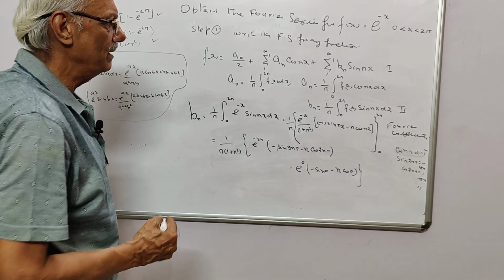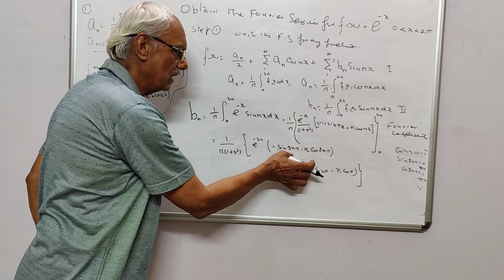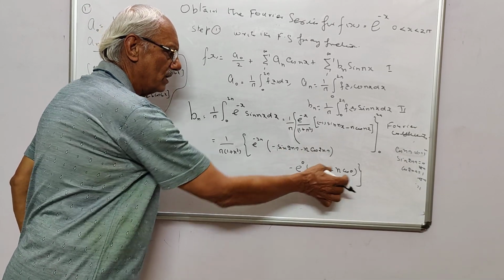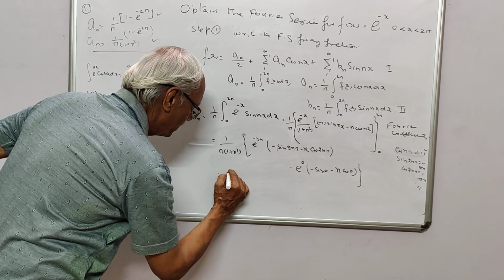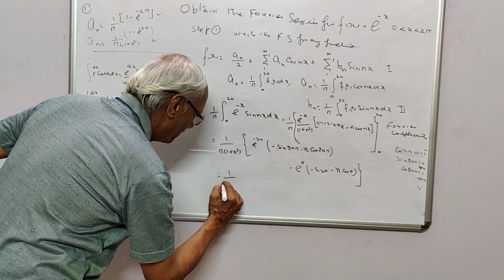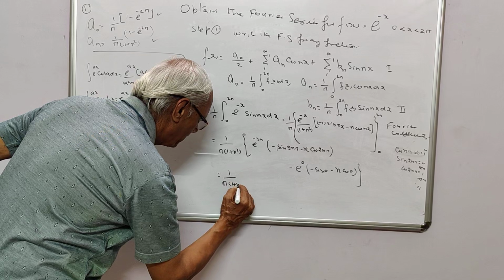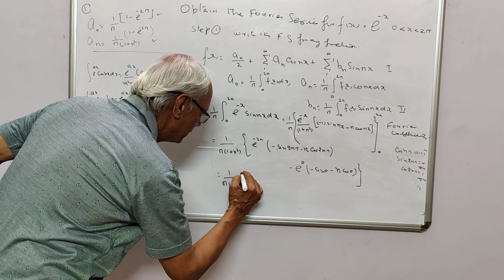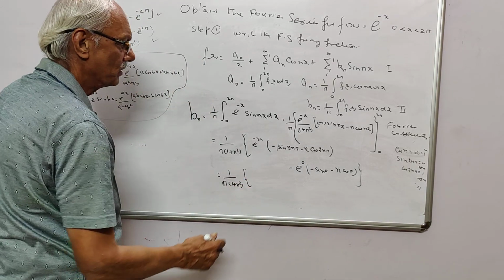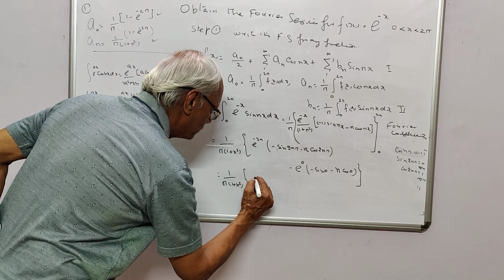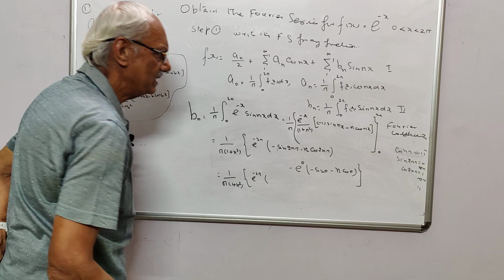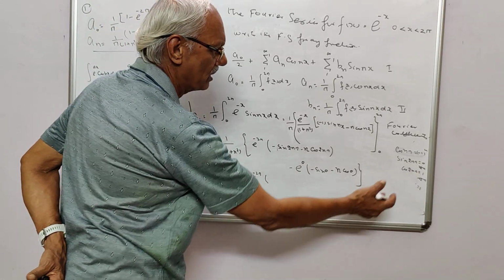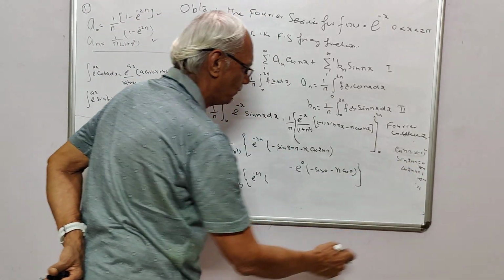So I have applied the limits. The upper limit is 2 pi and the lower limit is 0. So this is what you will get. 1 by pi into 1 plus n squared, e to the power of minus 2 pi. And within brackets, see sin 2n pi is equal to 0 for all values.